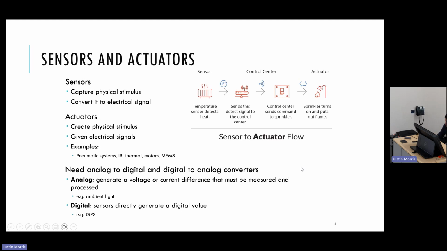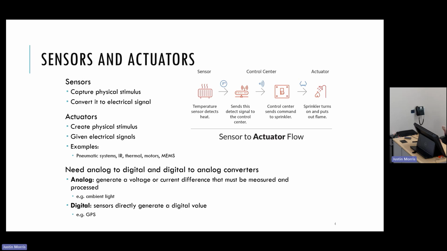And like we talked about, we need this analog to digital and digital to analog conversion. So analog is going to generate a voltage or current difference that must be measured and processed. So like for a temperature sensor, usually it's a resistor, and then its resistance changes based on the temperature.